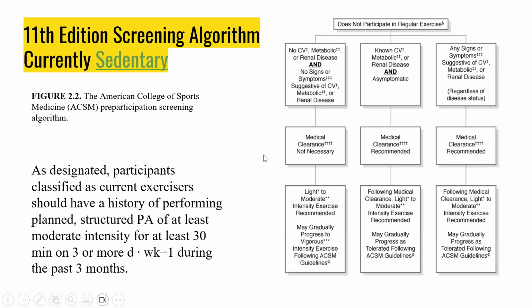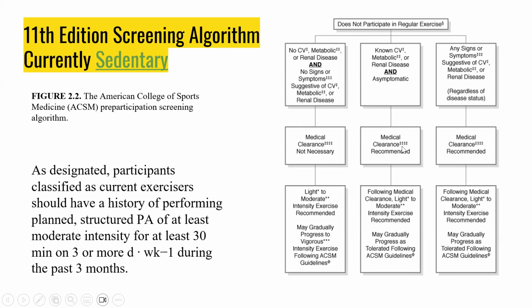So this algorithm is very, very important. This is step number 1 in determining whether or not your client needs medical clearance and at what intensity of exercise it is recommended for them to start. So this is figure 2.2 from the American College of Sports Medicine, that pre-participation screening algorithm.